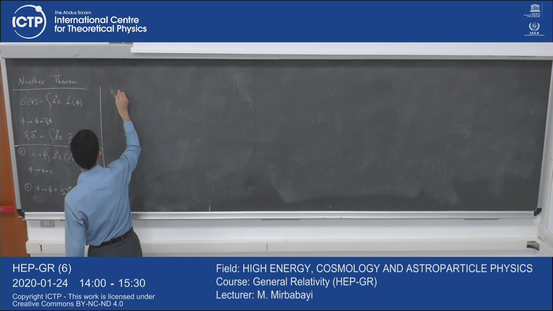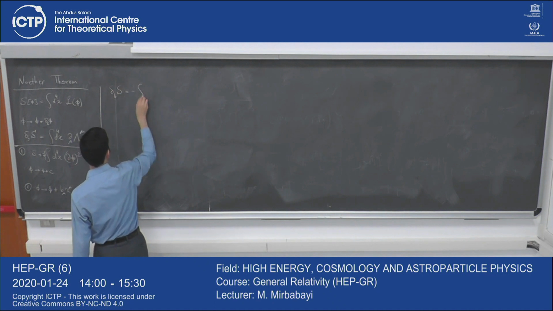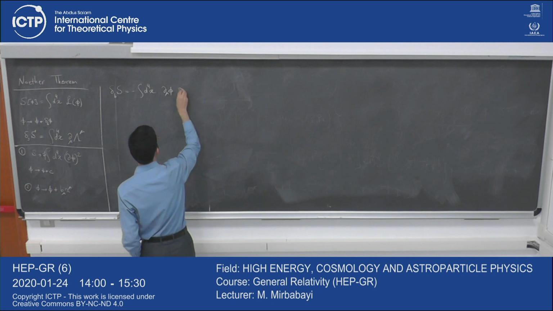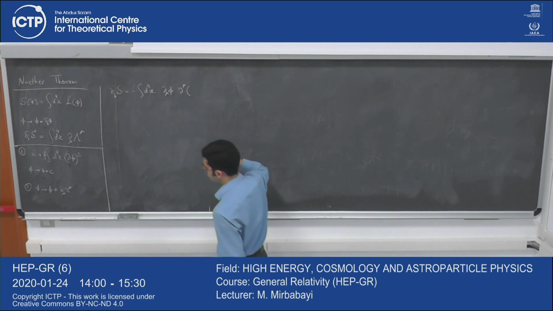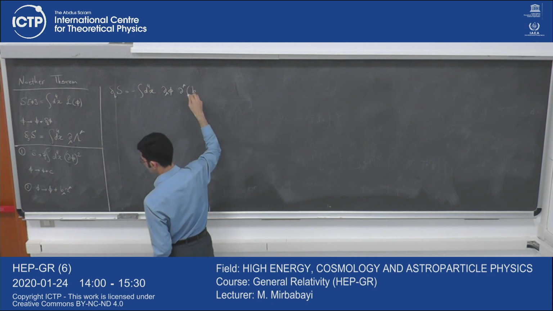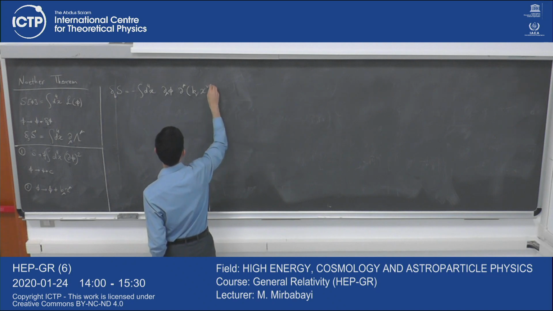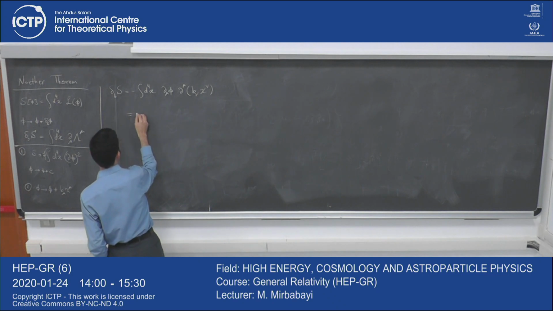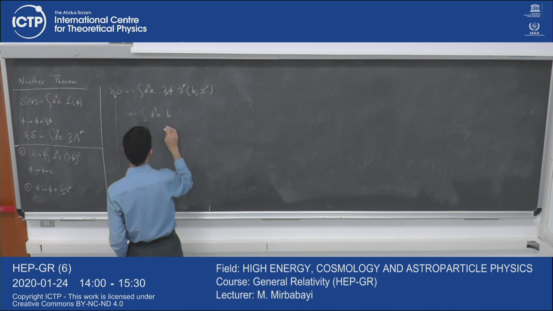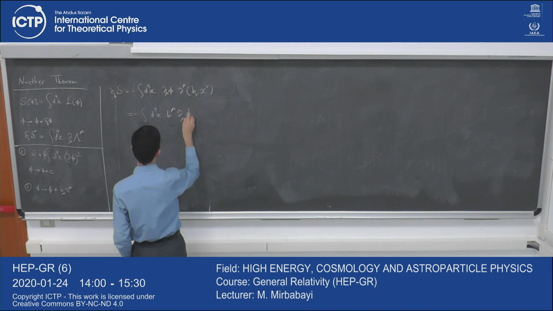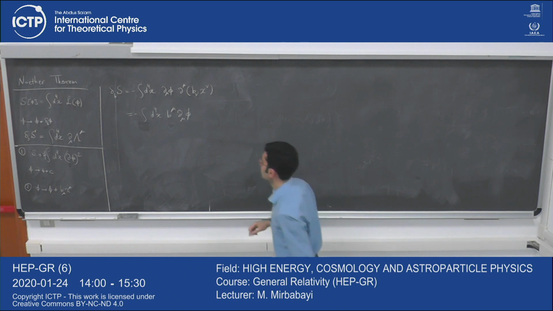So delta_b of S is equal to minus integral d4x d_mu phi d^mu of b_nu x^nu, which is equal to minus integral d4x b_mu d^mu phi, right?